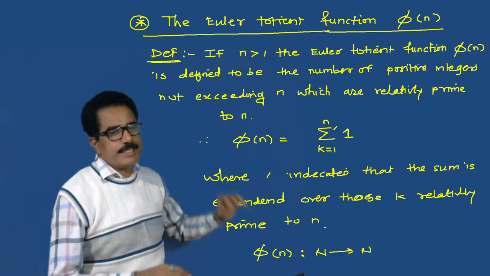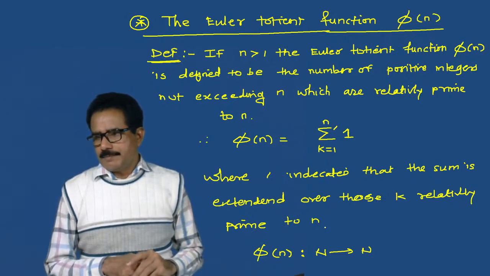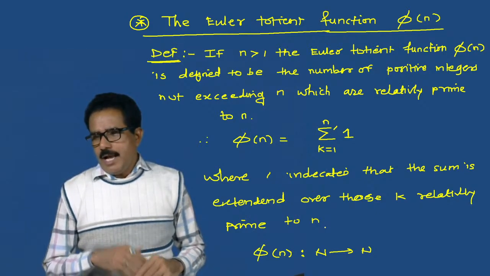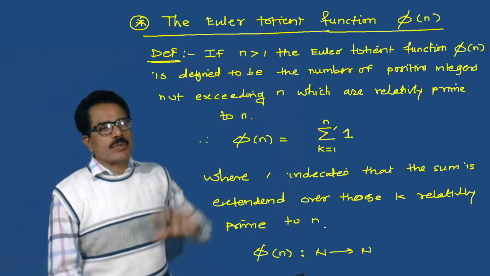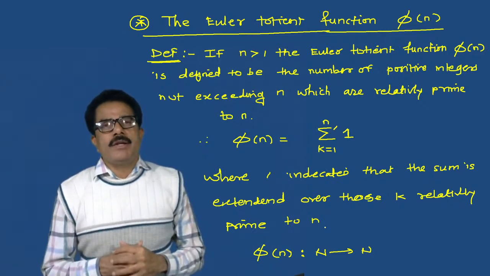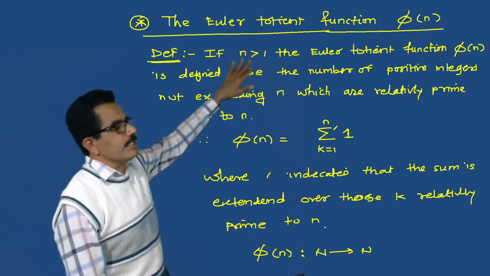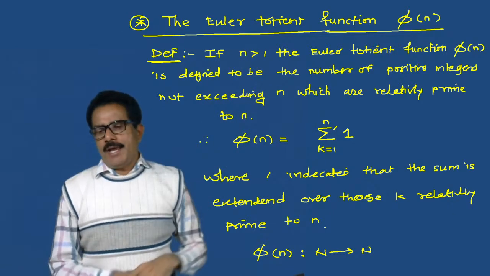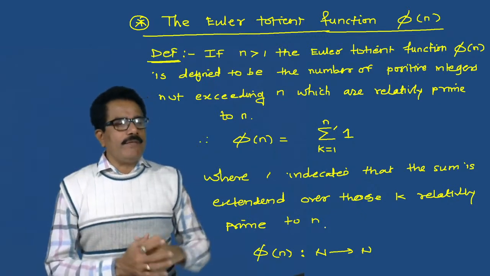range is N. See this, we shall define, again we shall write the Euler's Totient function. What is meant by Euler's Totient function here? Actually, the Euler Totient function is denoted by phi of n. What is meant by phi of n?